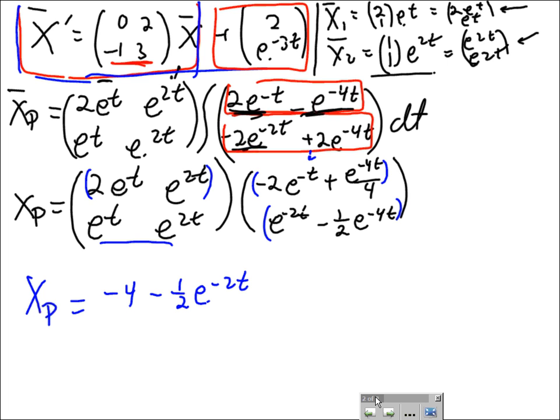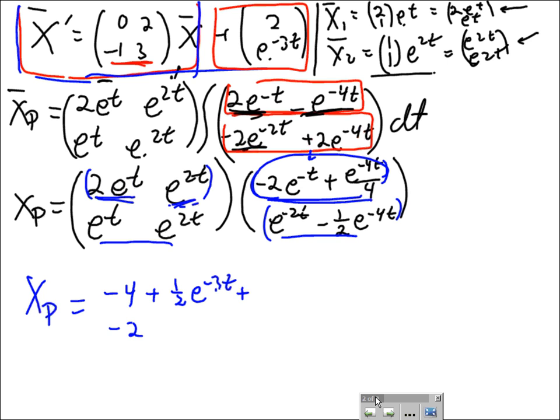Second row with the first column is -2. Oops, that's wrong on top. I have to multiply this by all of that. It's -4 plus 1/2 e to the -3t. That's this times that times that. Now I'm going to do this times that. Plus 1 minus 1/2 e to the -2t.